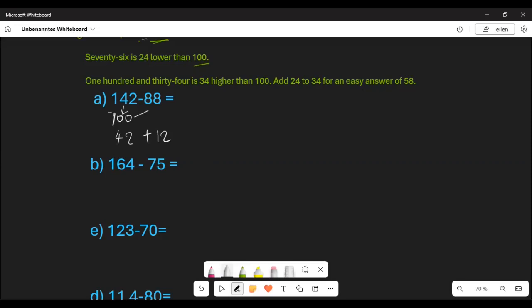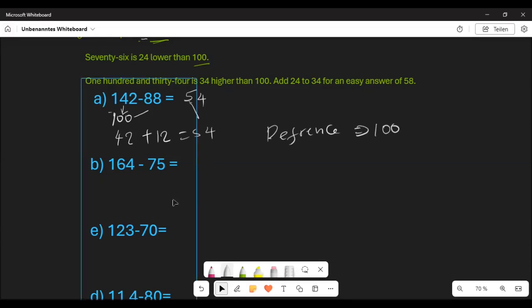So here we have 34 plus 24, and that gives us 58. So 58 becomes our answer. What we're doing here is using a reference number, 100, to make our subtraction easier and easier.